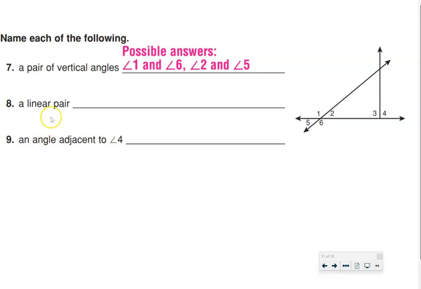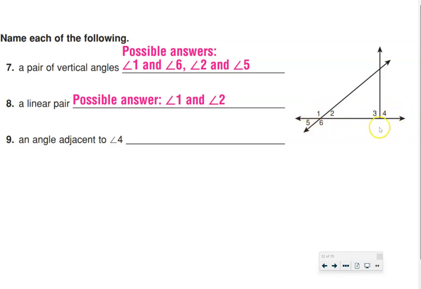Okay, name a linear pair of angles. It's going to be angle 1 and angle 2. Here's one of them. 5 and 6 is a linear pair too. 1 and 5, 2 and 6, 3 and 4.